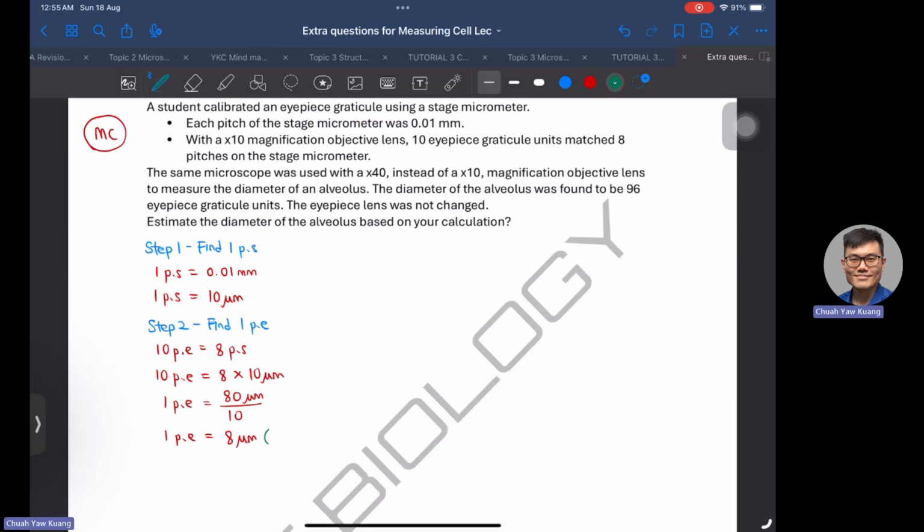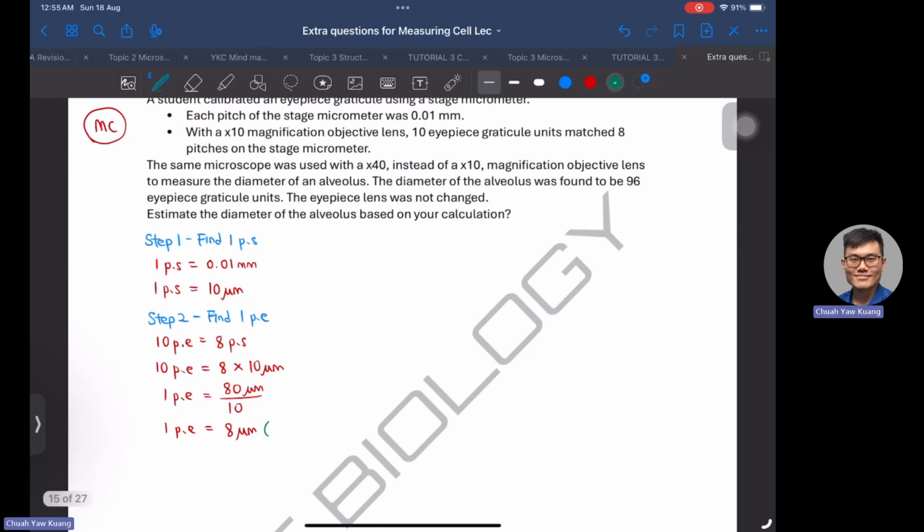This one is actually the actual size of one pitch of the eyepiece reticule, 1 PE, under 100 times magnification.